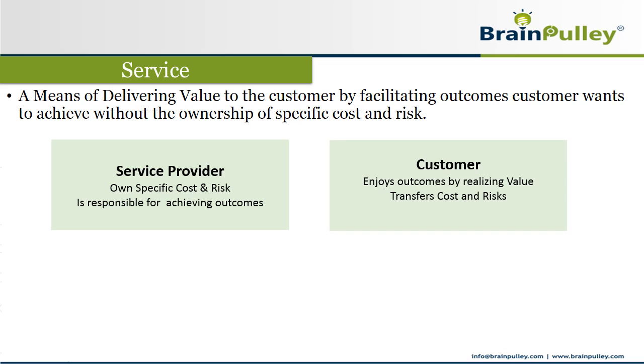Customers seek outcomes but do not wish to have accountability or ownership of all the associated costs and risks. Customer enjoys the outcome upon achieving value. In the next slide, we will learn about different types of services and how services categorize into different ways.